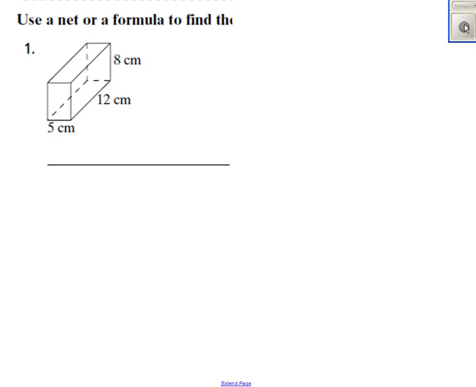So if we look under the category of surface area, and then you find where it says prism, what formula does it tell us? It's Ph plus 2B. I would write this down in your notebook.